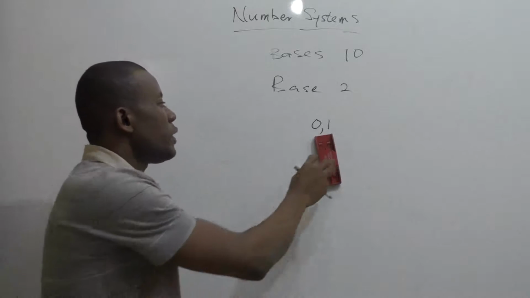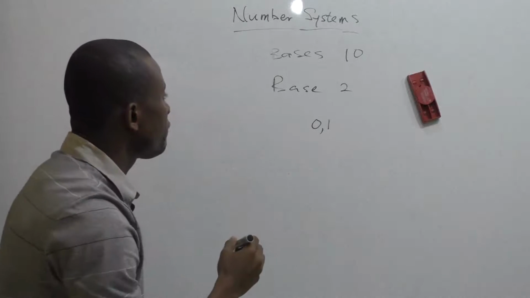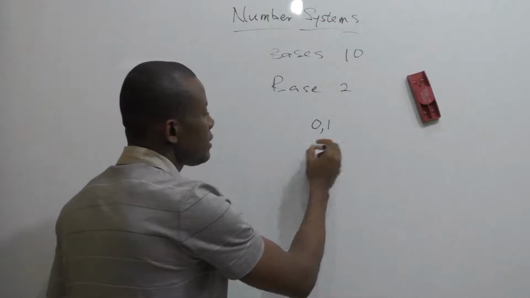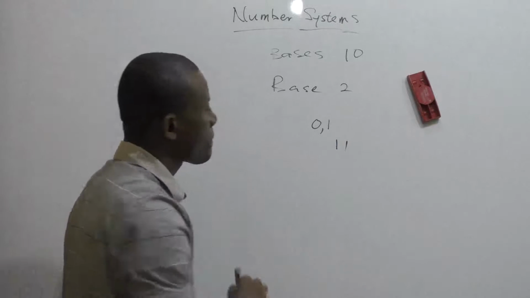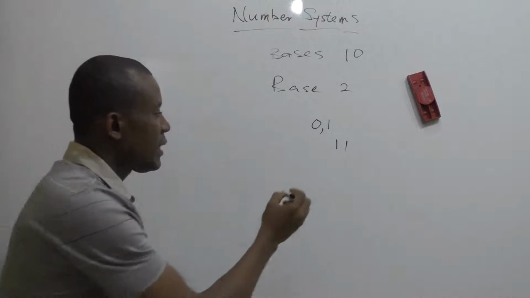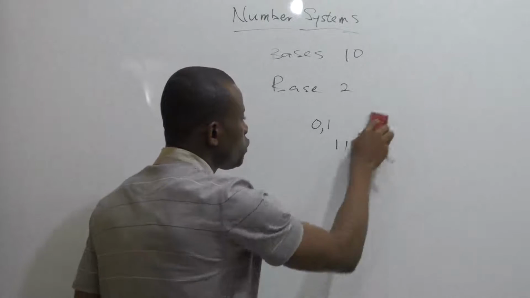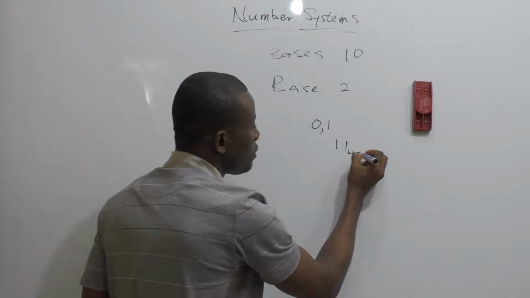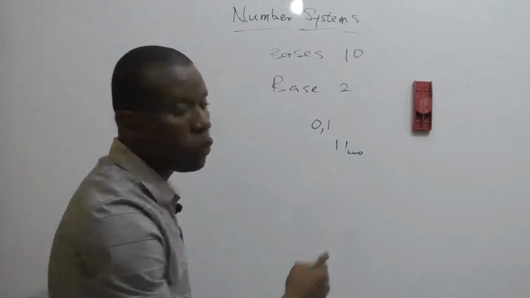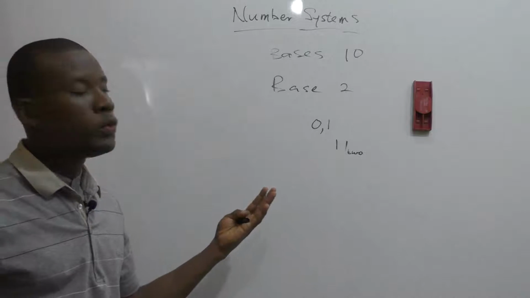Let me just give you a simple example. If we have something like 1 1, and this is base 2, what does it amount to in base 10?